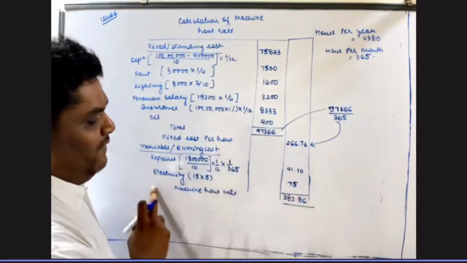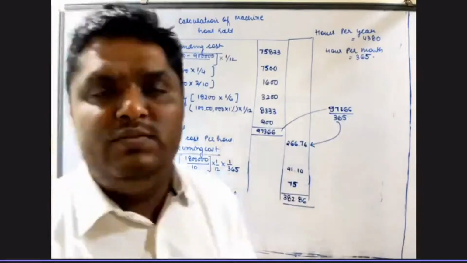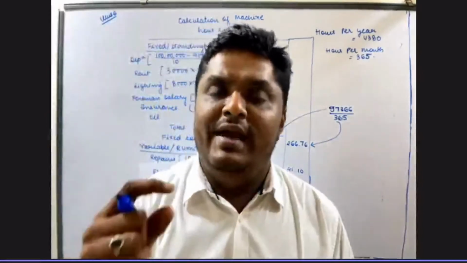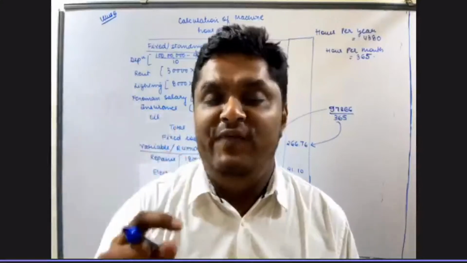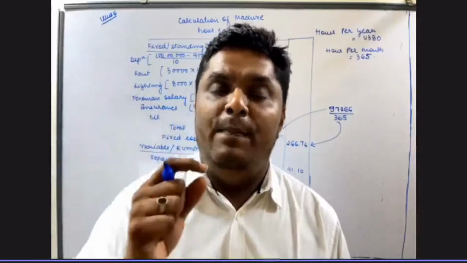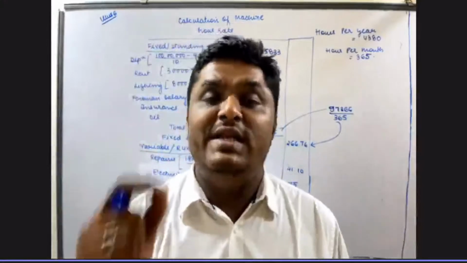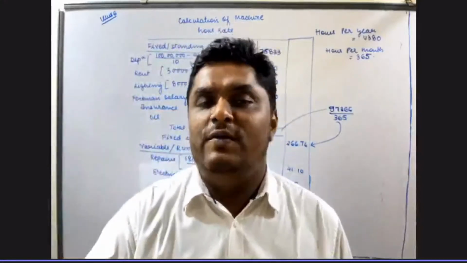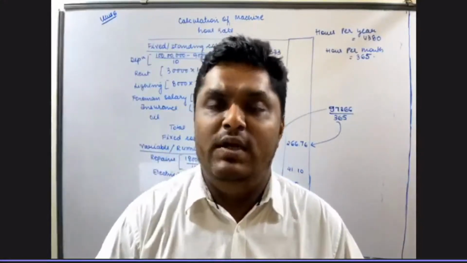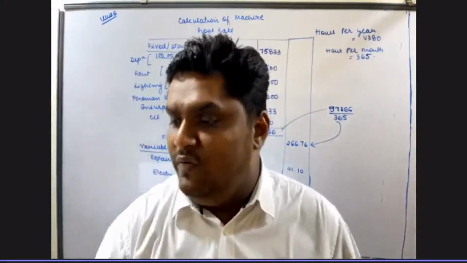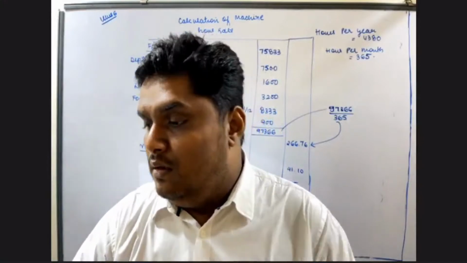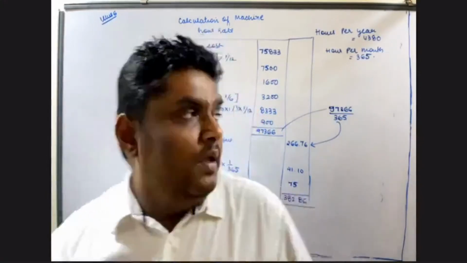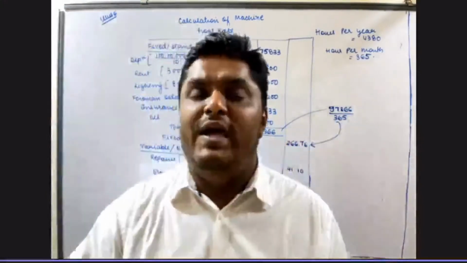Further, when talking about electricity consumption, they have mentioned that the machine consumes 15 units per hour. So the per hour consumption is 15 units and the per unit cost is 5. So we will calculate the total electricity cost as 75, that is 15 into 5. So this is how you have to calculate the machine hour rate.